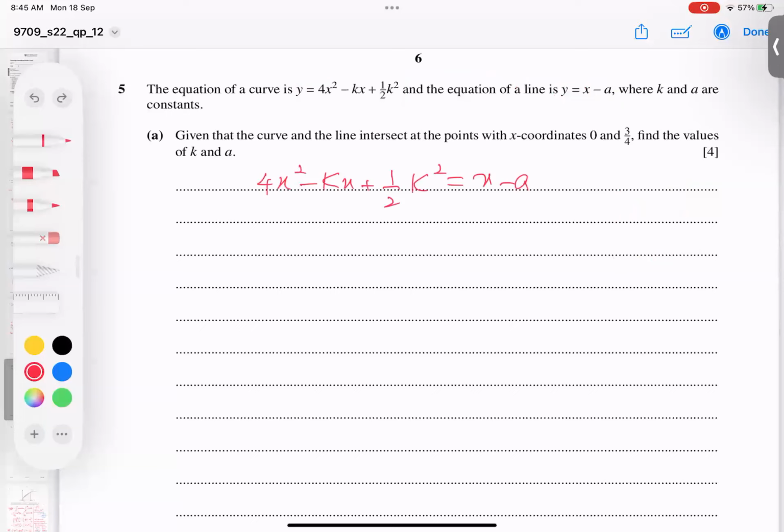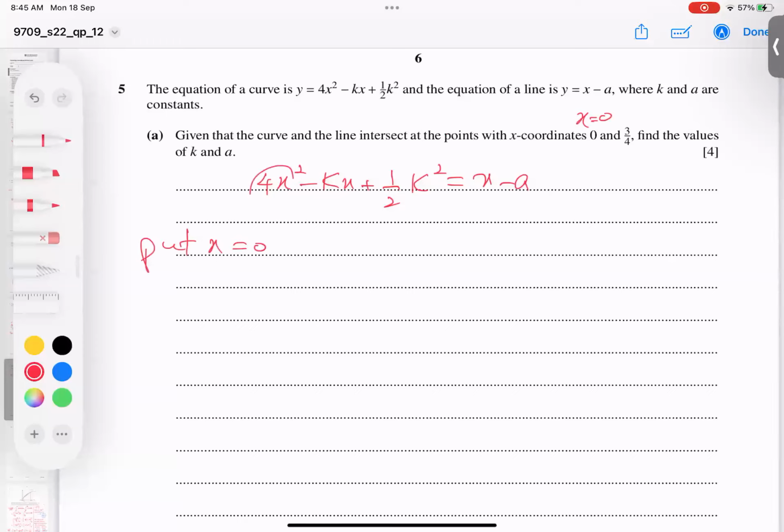If you look carefully, he said very clearly here that it has some solutions. He mentioned here, intersect the points where the x coordinates are these. So these are x coordinates. So I can replace x with 0. I replace x with 0 throughout.